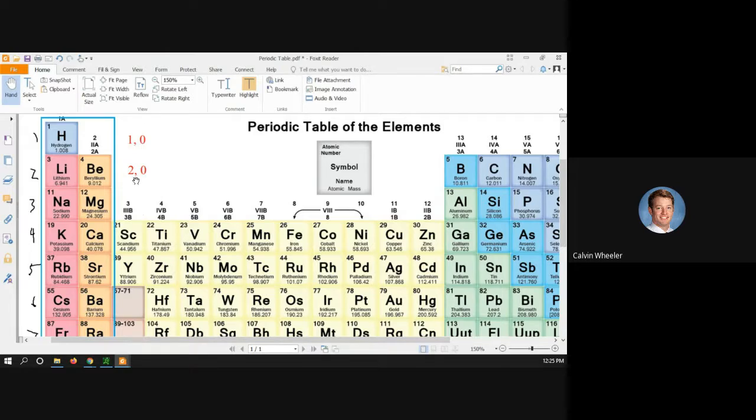Here's our dilemma. If I give you these two numbers and I say, okay, go find the electron at the location 2, 0, you say, okay, easy. Second energy level, that's this row here. And then the shape of the orbital, 0, that's the S block right here. But wait, now I have two elements. So now I need more numbers to narrow it down.